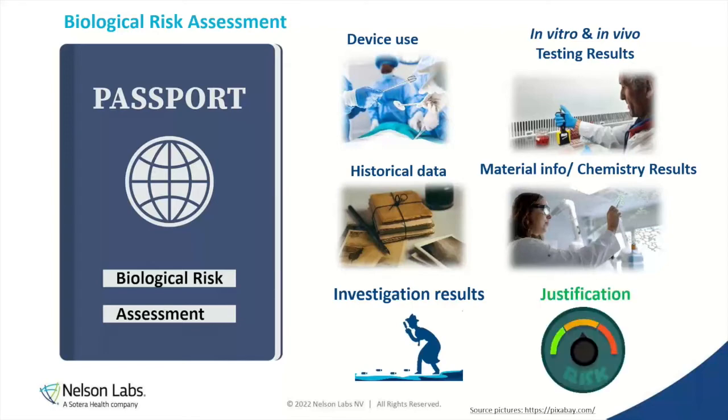So I just want to give an example with the hydrogen peroxide, if I could quickly walk through that so you could see. We would talk about the device use. We showed an example of an implant here. And so you would talk about the contact. That's a pretty high-risk device, so we want to make sure the exposure is low enough to ensure patient safety. We would talk about our results, our history. We've always done hydrogen peroxide sterilization. This is not new.